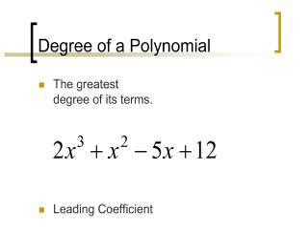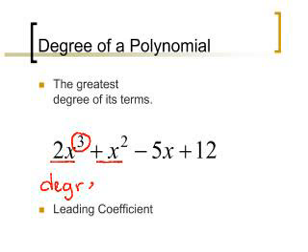You don't add those all together. So in this polynomial here that we have written, it has 4 terms in it. So we have a 2x cubed. So that particular term has an exponent of 3, so then we say that that term has degree 3.